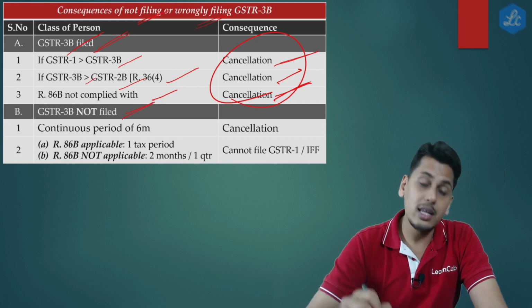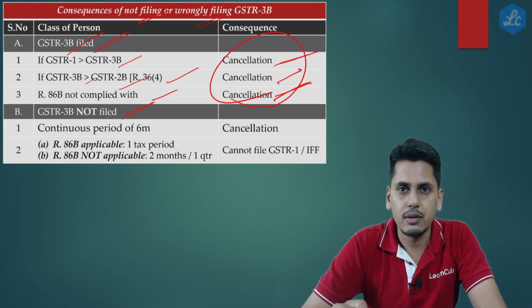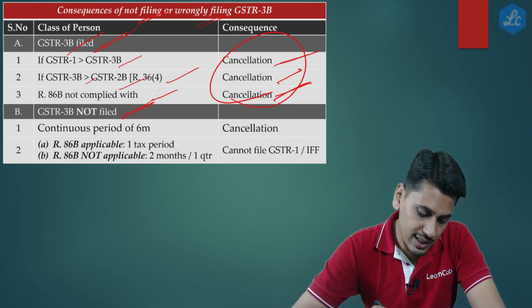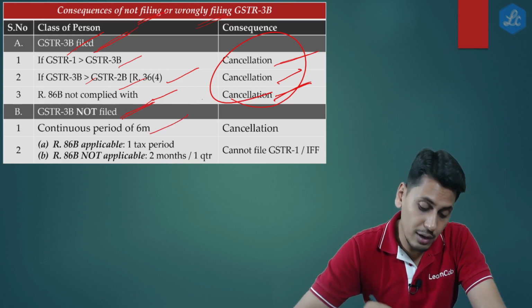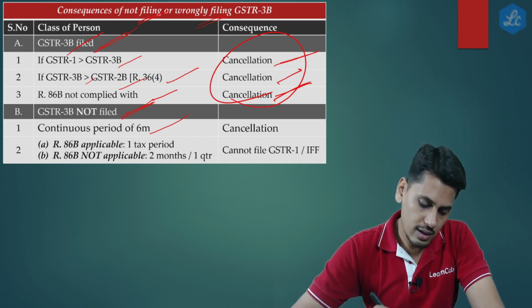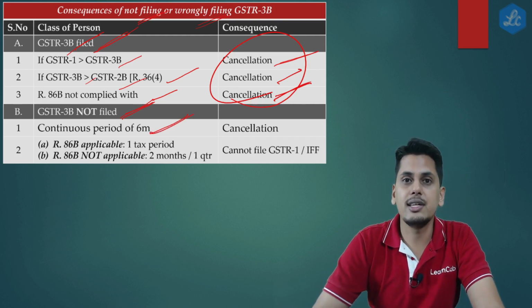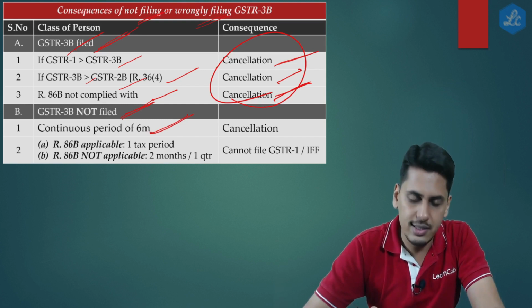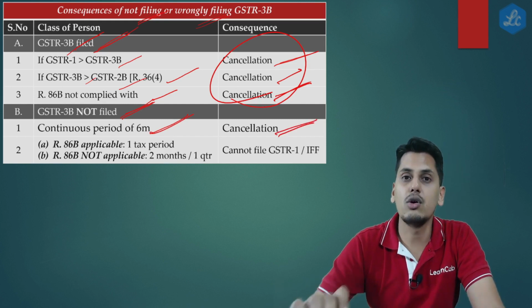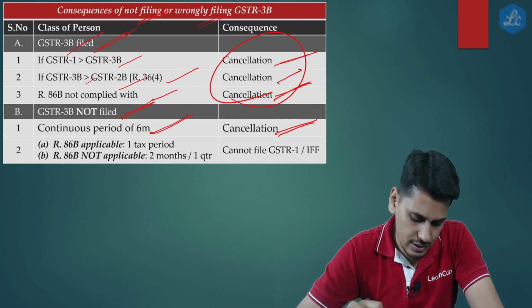Either you file it wrongly or you do not file at all. If GSTR 3B is not filed for a continuous period of the specified months, a regular person doesn't file GSTR 3B for a continuous period of 6 months, cancellation of registration. It is again a ground for cancellation of registration.